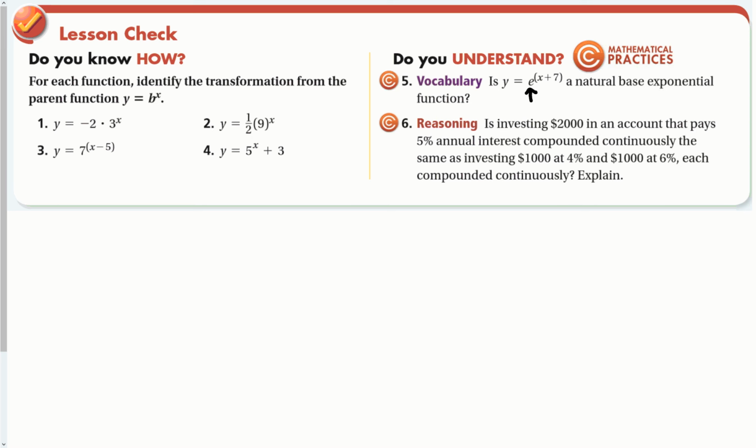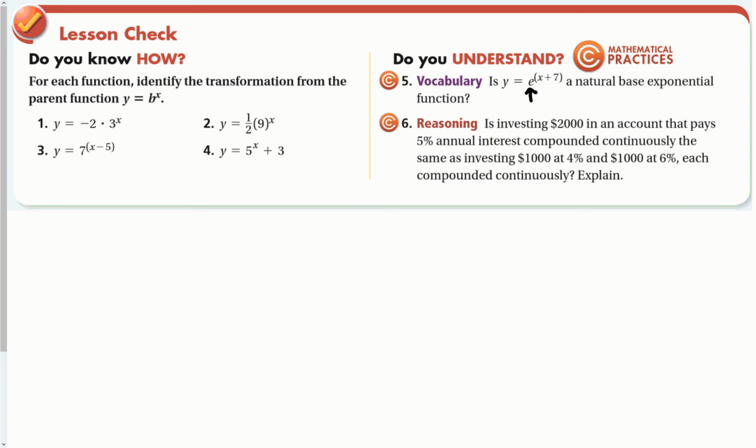And this problem: is investing 2,000 in an account that pays 5% compounding continuously the same as investing 1,000 at 4% and 1,000 at 6%, each compounded continuously? Probably not.